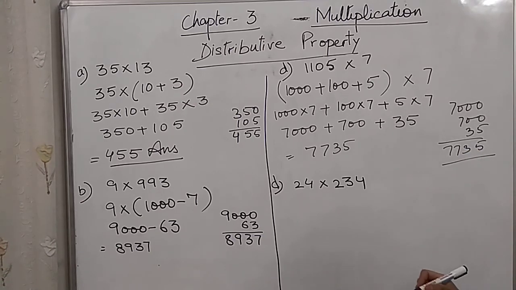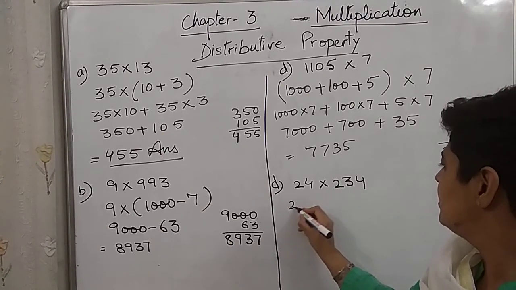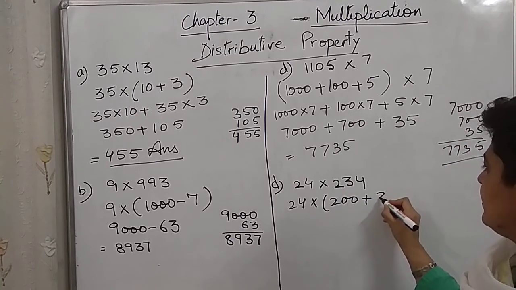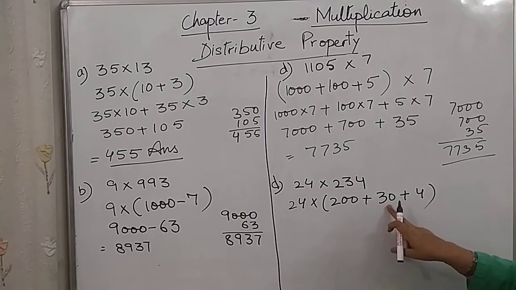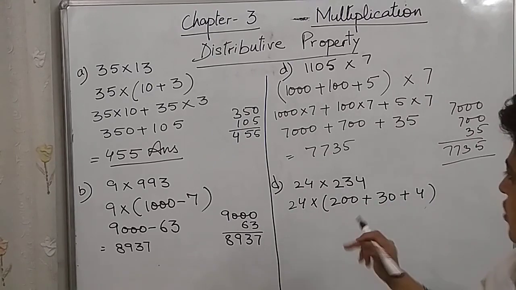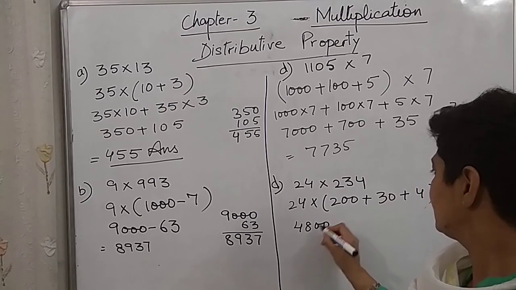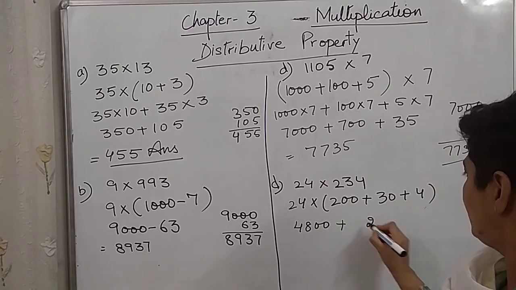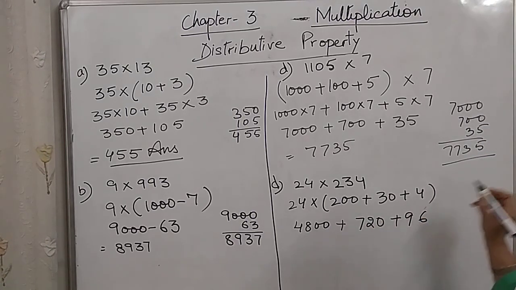Fine. Now the next question. Again, we'll be breaking this number, bigger one. 24 multiplied by 200 plus 30 plus 4. So every time we are trying to break into multiples of 10 and a single digit number. So this becomes 24 2s are 48 and 2 zeros at the back, 4800, plus 720, plus 96.